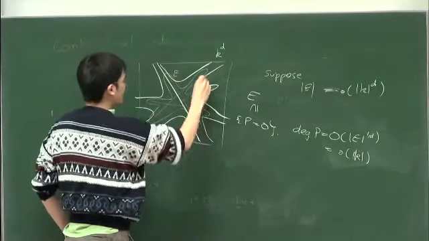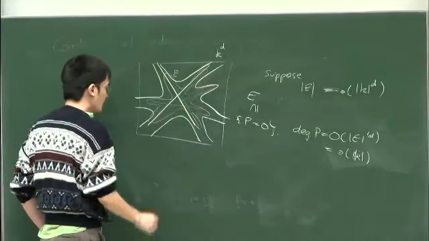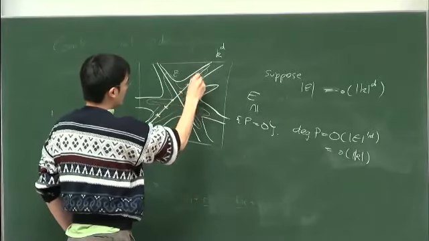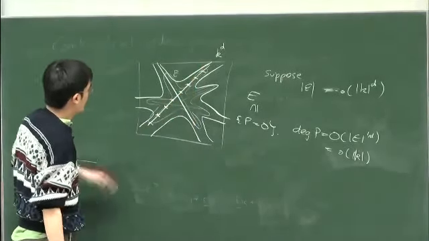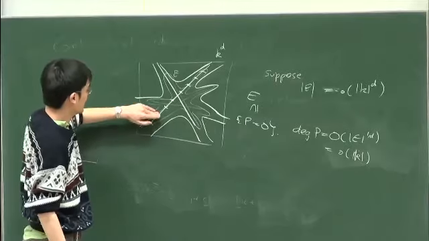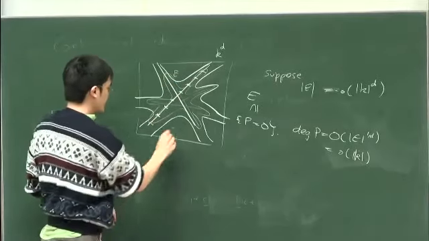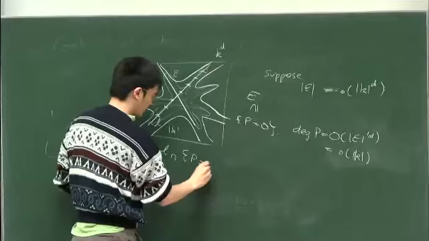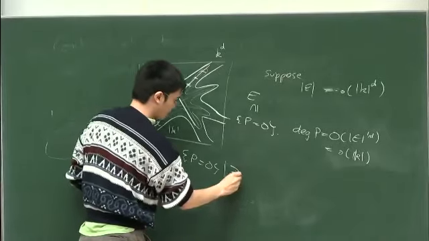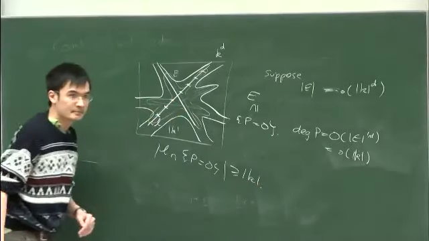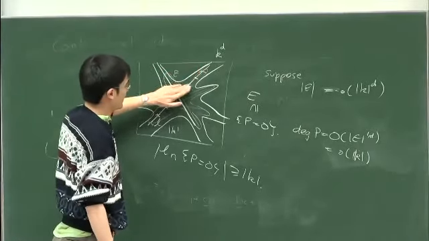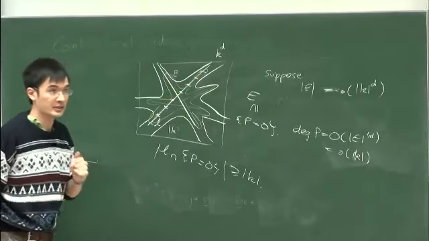Now this Kakeya set contains a line in every direction. So this line meets the surface, intersecting the surface at least k times, just because by hypothesis E contains the k points of this line in every direction.